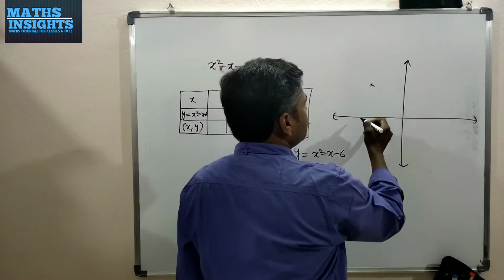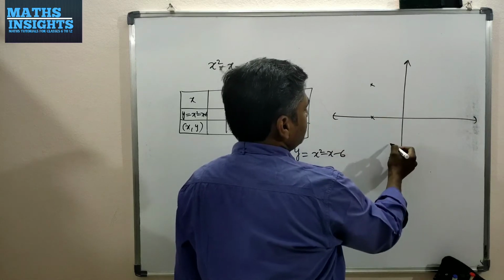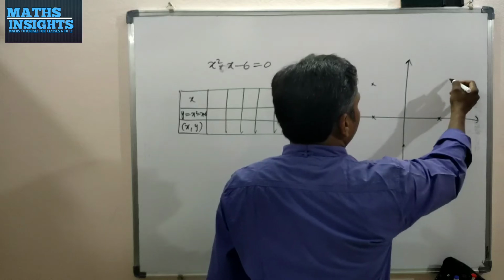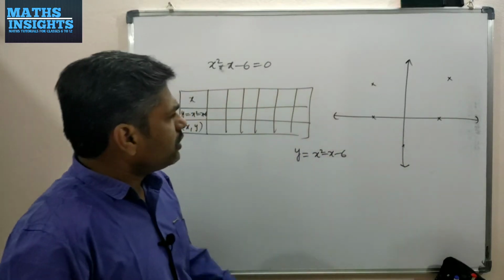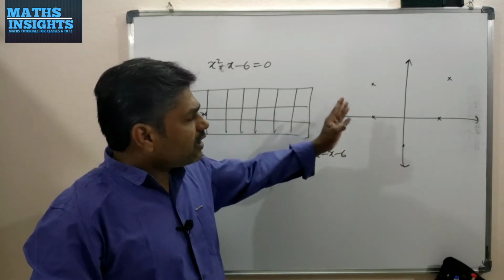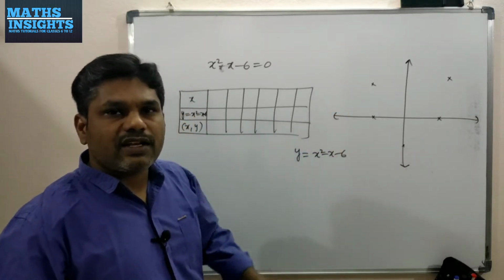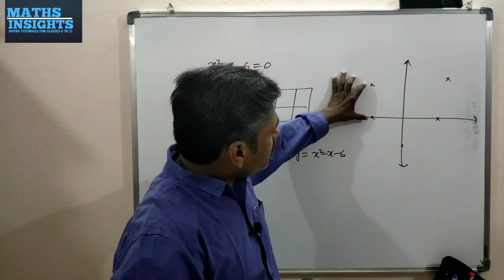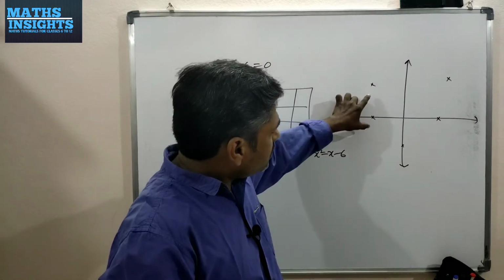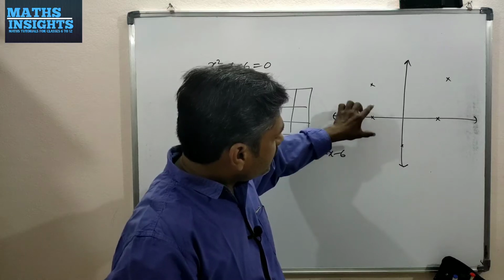Suppose, see, this is the first point, this is the second point, this is the third one, and this is the fourth one, this is the fifth one. Now you have to draw this graph using a scale. So you have to join these 2 points using a scale only. You should not use a scale here.